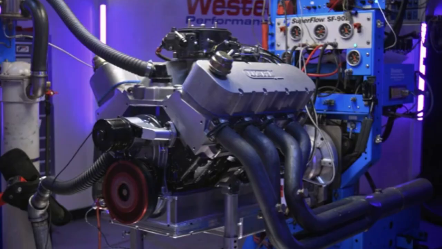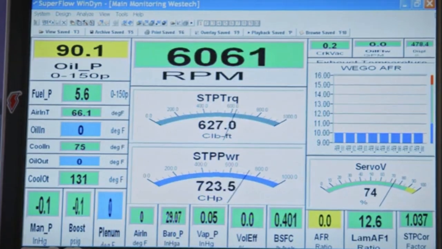All right, we're going to throw another quart of oil in this thing and see if we can solve that pressure problem. We got to drain it out. Yeah.